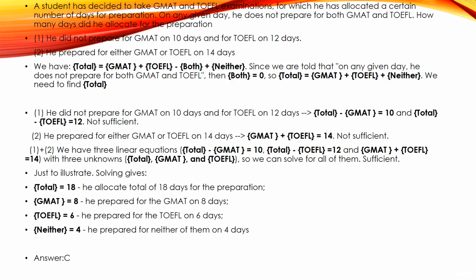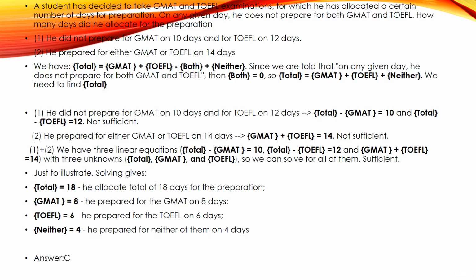He did not prepare for GMAT on 10 days and for TOEFL on 12 days, which is total minus GMAT is equal to 10 and total minus TOEFL is equal to 12. This is not sufficient. He prepared for either GMAT or TOEFL on 14 days. So GMAT plus TOEFL is equal to 14. This is not sufficient.